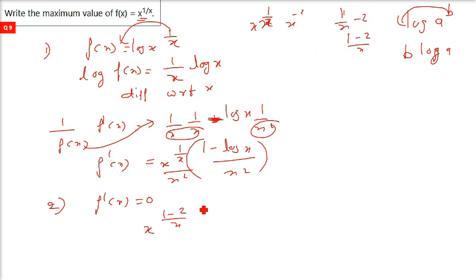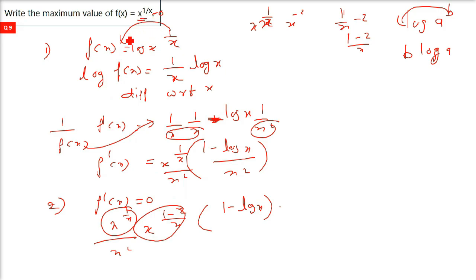Whatever you do, only 1 minus log x has the possibility of becoming 0. If log x is equal to 1, then 1 minus log x is 0. Otherwise, all other things which you see here, even if you take them to the numerator, have no control on making it 0.